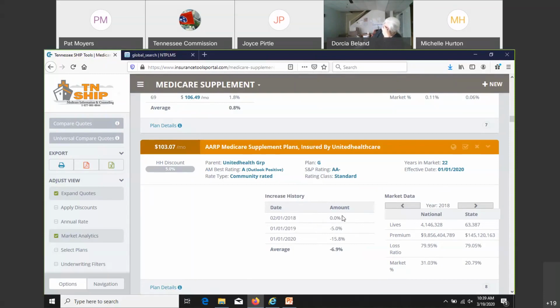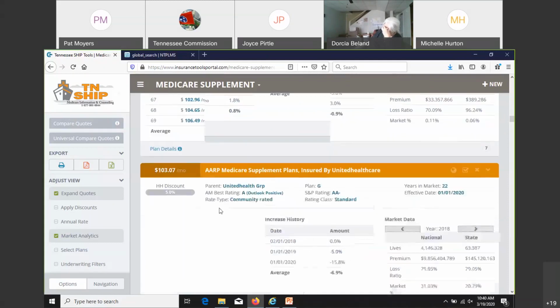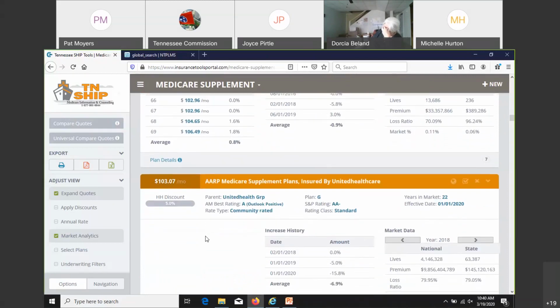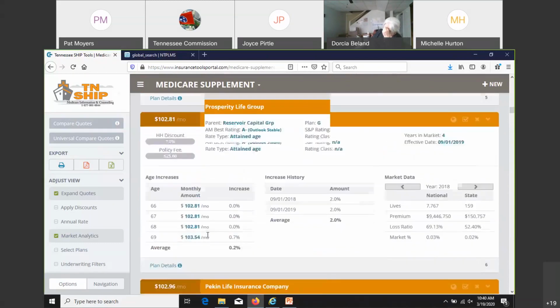If they did not have a good year, maybe they go up. Typically, when I look at these comparisons, community rated plans do have a decrease, or if they've got an increase, it is fairly low. But you'll see this being $103.07, and like we said, they do not go up with each year that you get older.